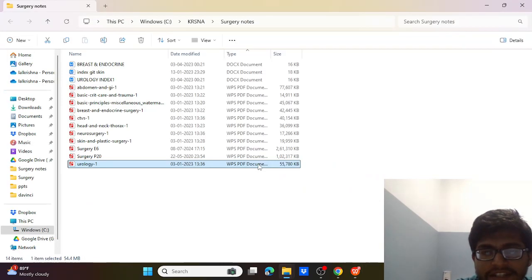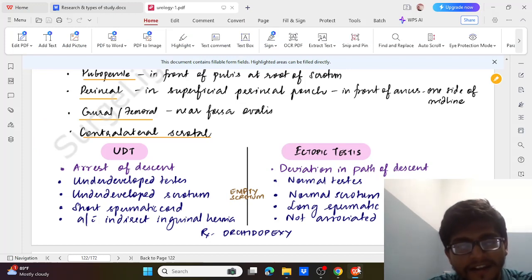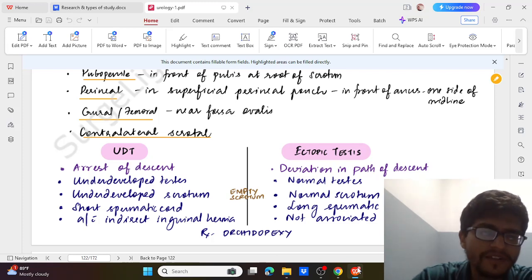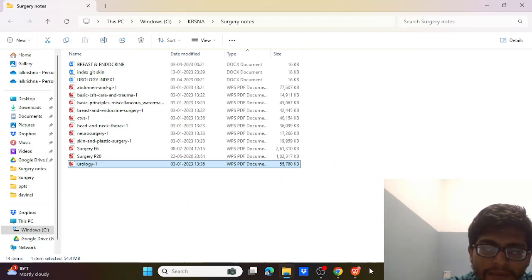So the difference between undescended testis and ectopic testis: there is arrest of descent in undescended testis and there is deviation of path in ectopic testis. Undescended testes are generally underdeveloped. Ectopic testes are normally normal testes. In undescended testes, the scrotum is also underdeveloped. In ectopic testes, there is a normal scrotum.